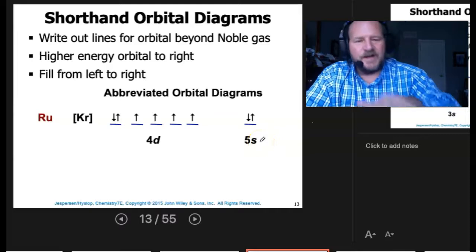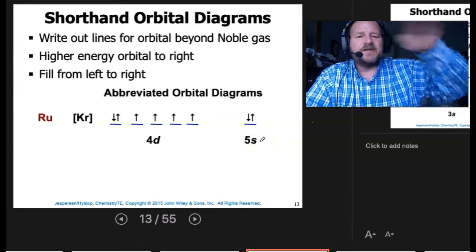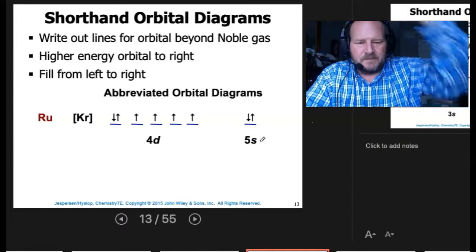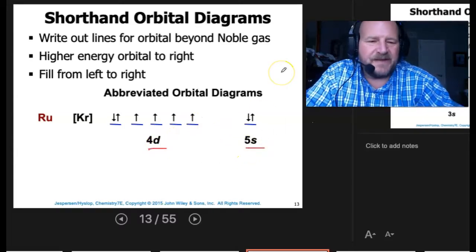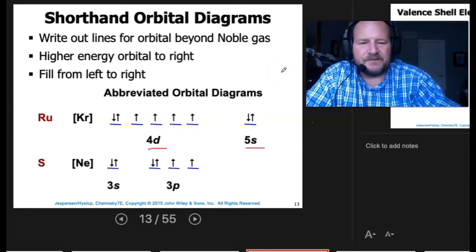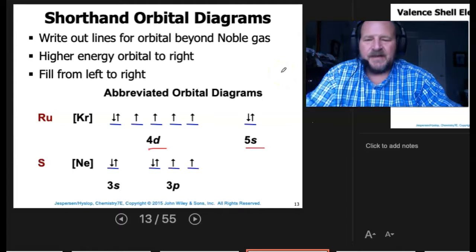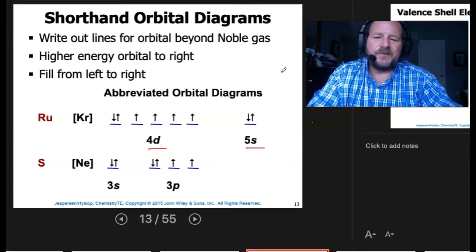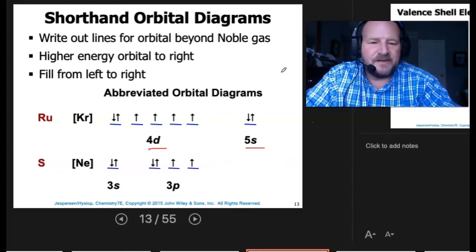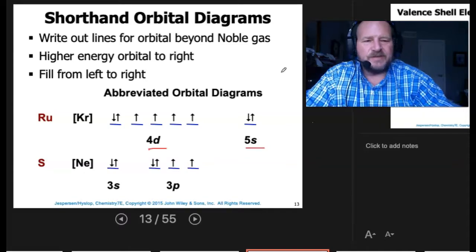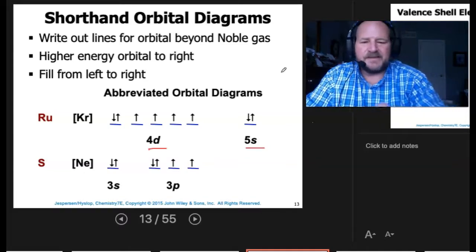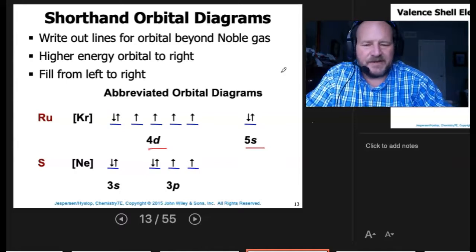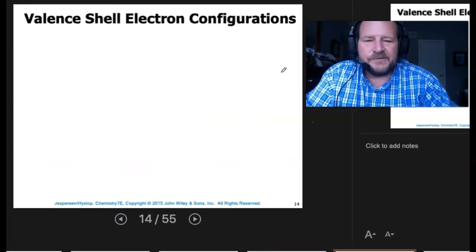Rather than writing 1s, 2s, 2p, 3s, 3p and so on, we simply look at the ones involved. For sulfur, we give the core neon, and then show 3s2, and 3p has 4. You'll want to pay attention to that, because when we go into different bonding theories in later chapters, this idea is going to come back, and hopefully you'll find it useful.